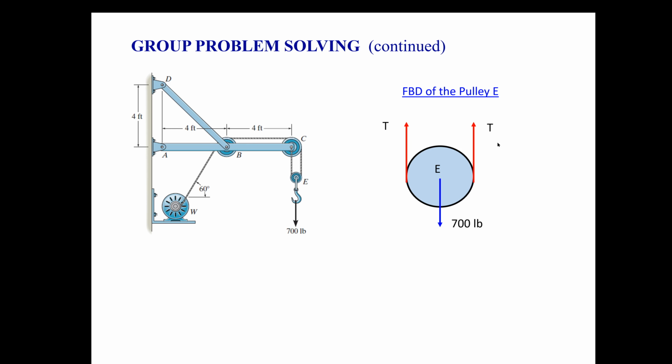Okay, so the first part here is to look at the pulley. This is the author's start. We're looking at the pulley. And really what we're looking at is these tensions here, okay? Because of how that is going to impact what's happening at the other supports. We need that, okay? So first part here is that we have 700 pounds going down.